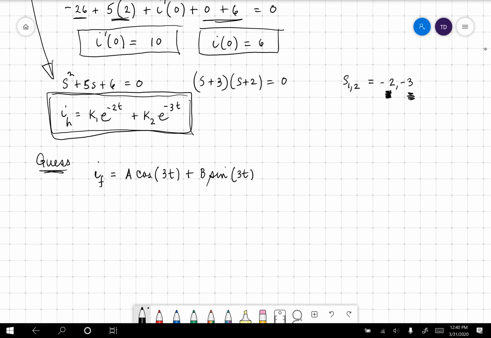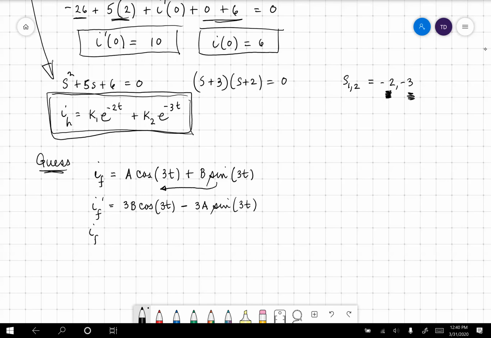I need to now take this and get the two derivatives. So I need i_F prime, which is equal to, and what I generally like to do is keep the order the same. I want all cosines first, all sines second. So this one here, when I take that derivative, is going to give me the cosine. So it's going to be 3b cosine of 3t, and then minus 3a sine of 3t.